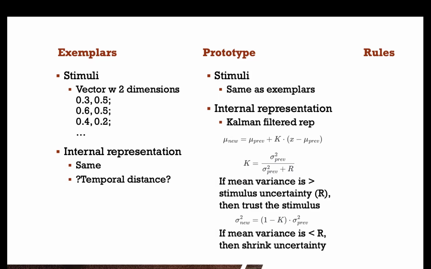Meaning, again, if a lot of the variance is due to our prototype, we don't want to update our estimate of the variance a lot. We know that the prototype is noisy. We're going to keep assuming that it's noisy. If a lot of the variance is instead due to the measurement, we're going to decrease our variance in the prototype.